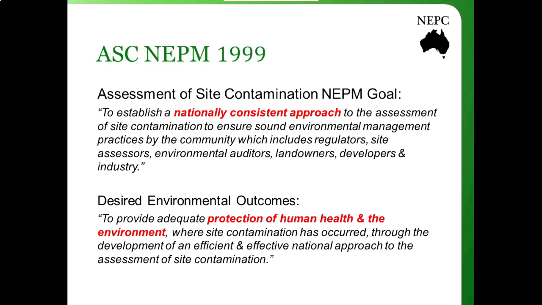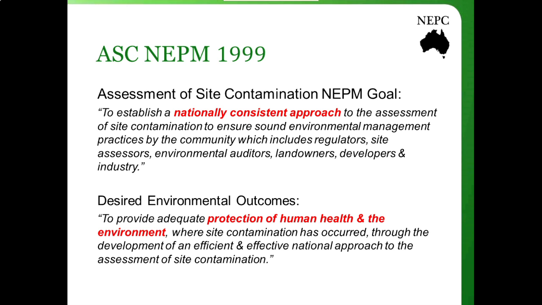Just a reminder to start out, what is the NEPM all about? Basically it is about getting some consistency across the states and territories on how we assess site contamination. And it's all about protecting human health and the environment where contamination has occurred.